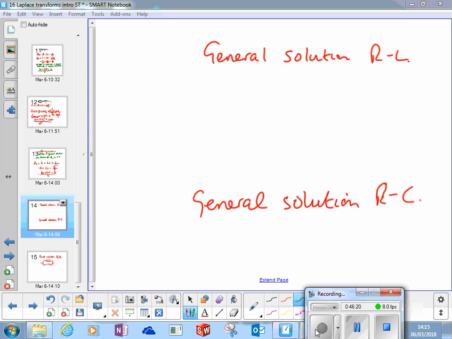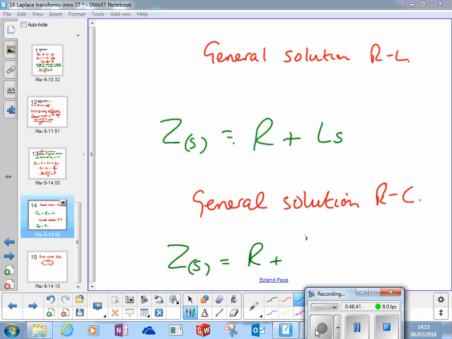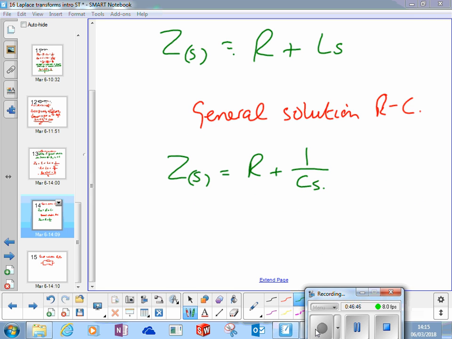You realise how simple these two were before I put them up there, but Z S is simply, in general terms, R plus LS. Can't simplify that any more than that, and this one is Z S equals R plus 1 over CS. They are general solutions in their own right, made simple by the fact there's a series circuit.